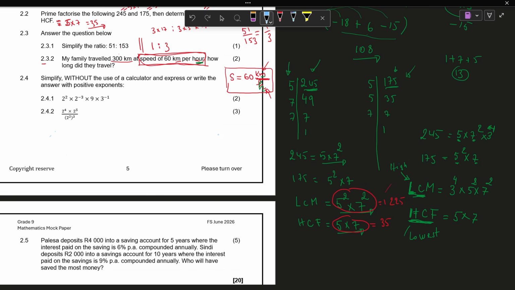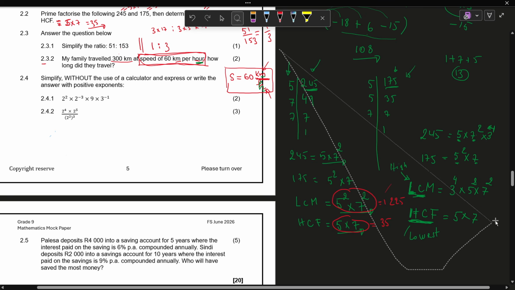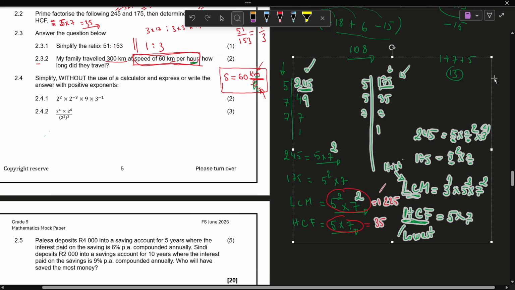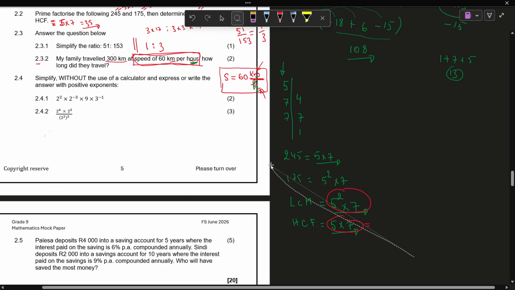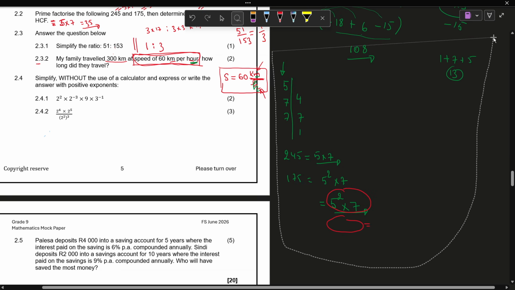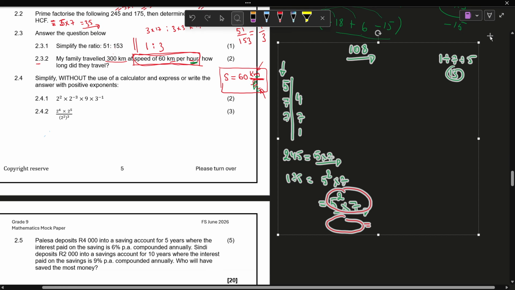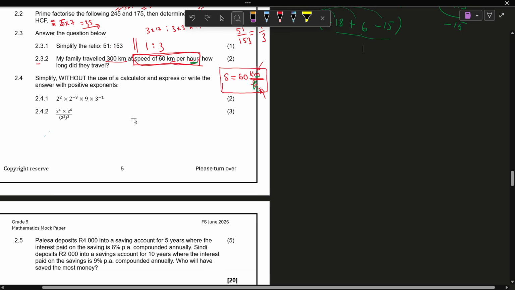Maybe the faster way to clean up is to use this. Delete here, much faster. Okay, great.